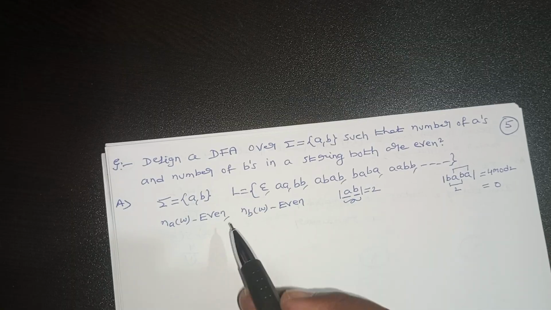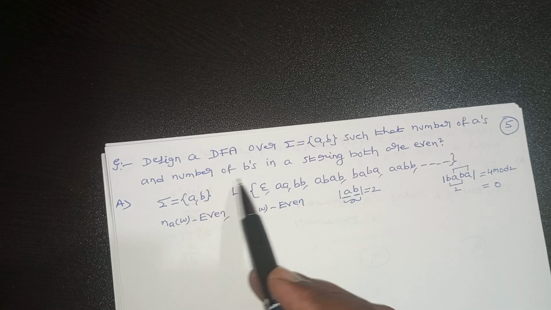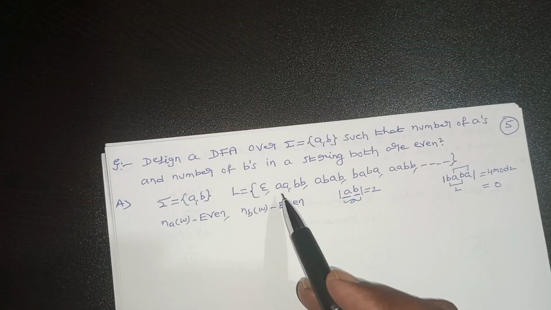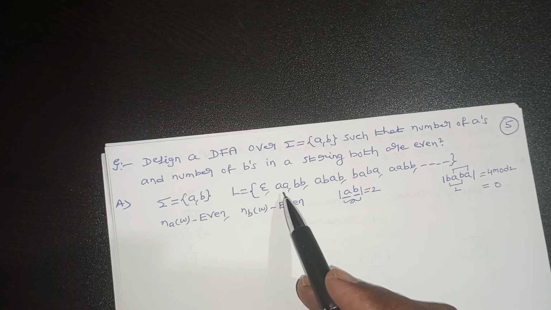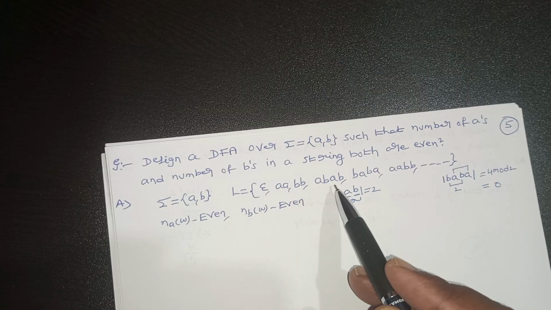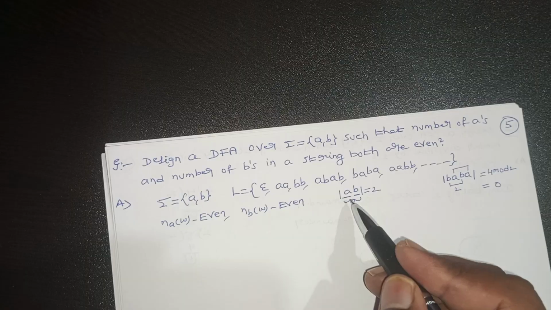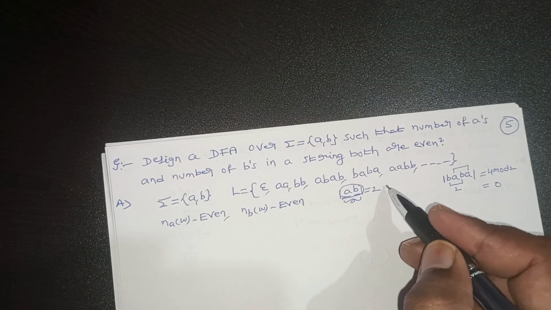Why? Because the number of a's and the number of b's in a string both must be even. Separately they may be even, or combined they may be even, but this is not a string in the language.